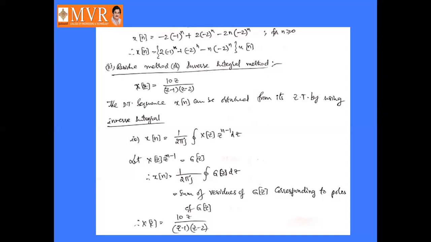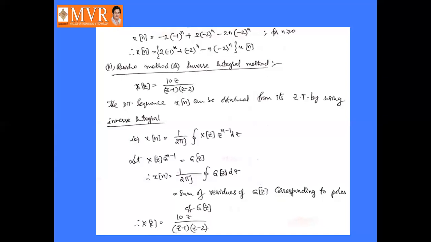Let X of z into z power n minus 1 be G of z, so that x of n equals 1 by 2 pi j into the integral of G of z dz. That is nothing but the sum of residues of G of z corresponding to the poles of G of z. Right.